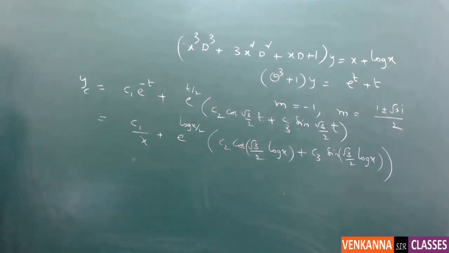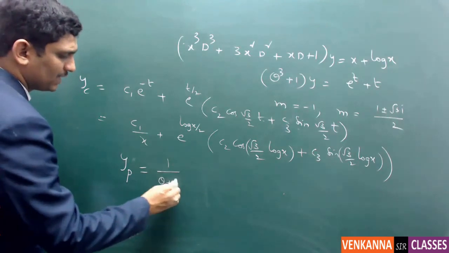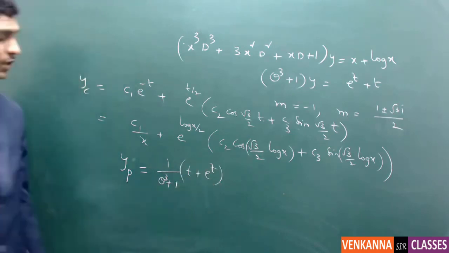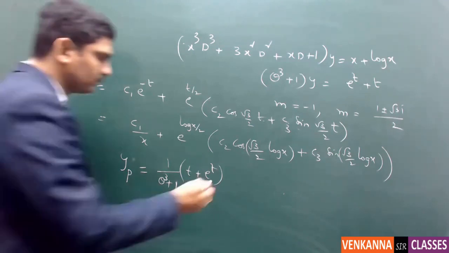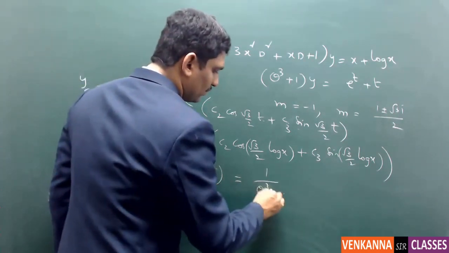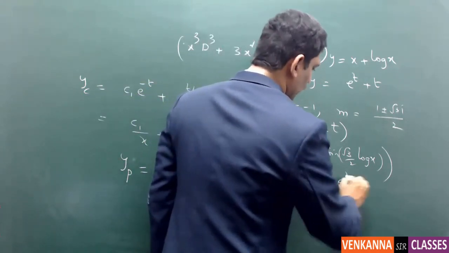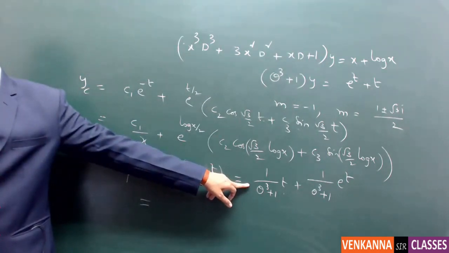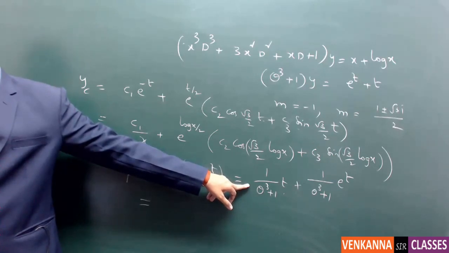Now we find yp. So 1 by (theta cube plus 1) into (t plus e power t). We are going to apply this operator to the two functions individually. So 1 by (theta cube plus 1) of t plus 1 by (theta cube plus 1) of e power t. For this, we are going to use the x power n method; we have to treat it as t power n. So we write the denominator as 1 plus or minus something.